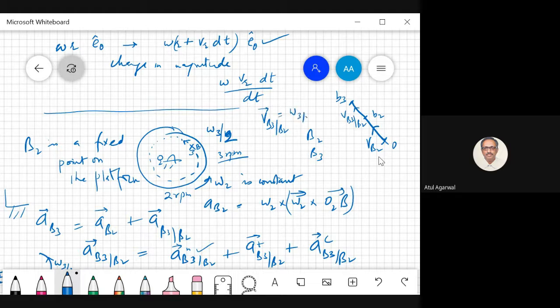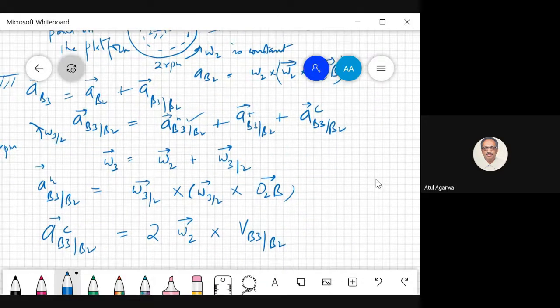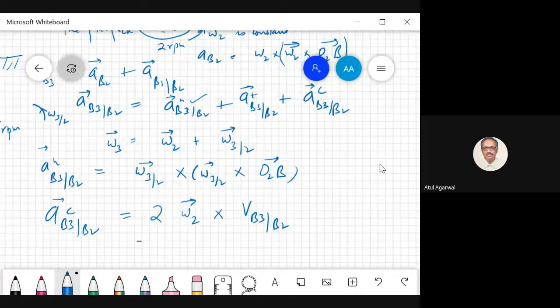Omega 3 by 2 cross... So you said 2 omega 2 cross omega 3 by 2 cross O2B.